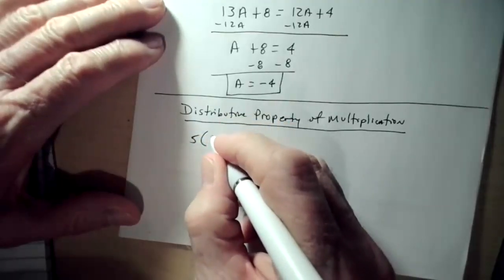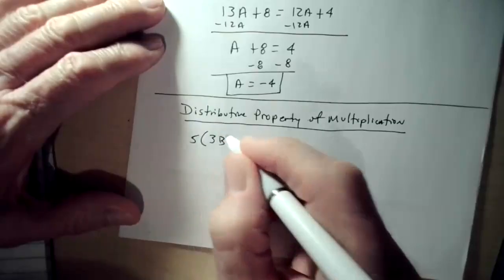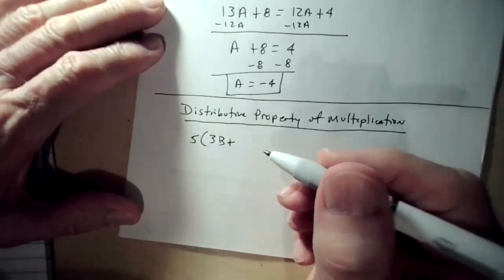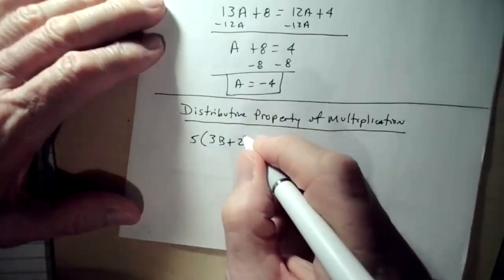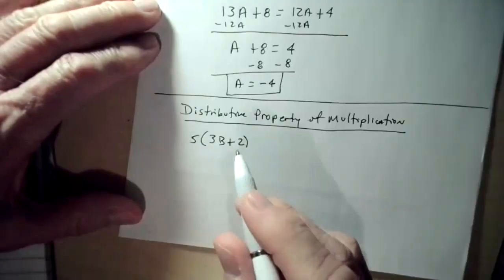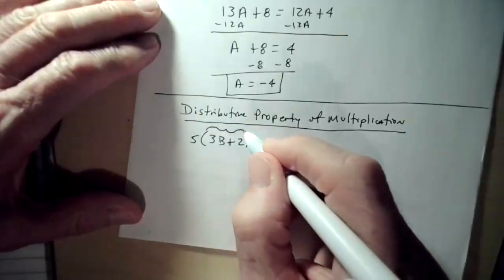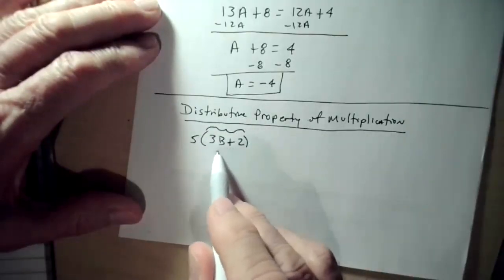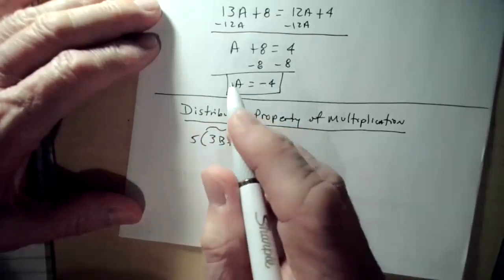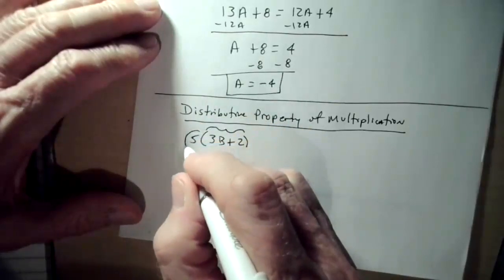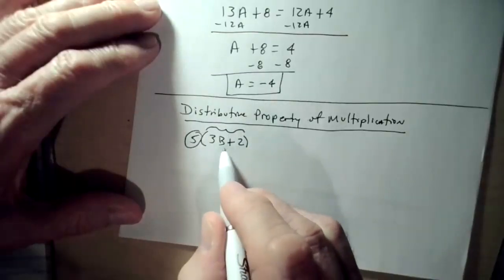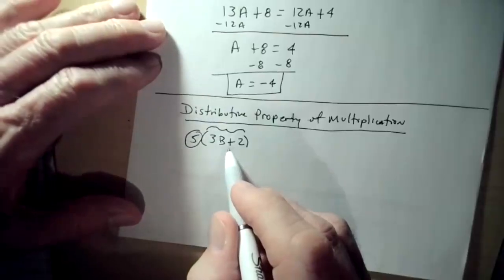So if you have 5 open 3b plus 2. Okay, the parentheses makes this one number. So what we're doing is we're multiplying 5 times this number right here.